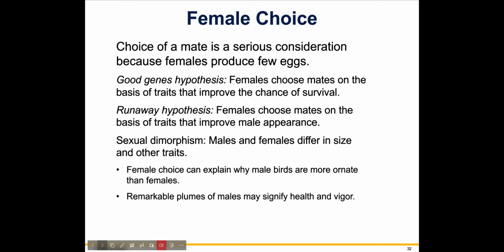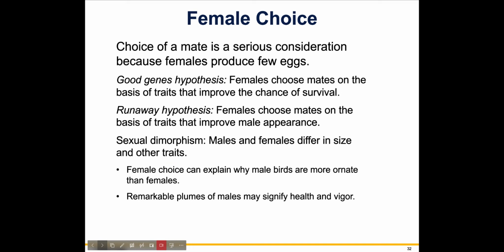So, female choice is this undertaking that females are given because they produce very few eggs, right? When we learned about meiosis, we saw that for every one cell that starts the process of meiosis, we get one egg. But for males, for every one cell that starts the process of meiosis, we get 4 sperm.